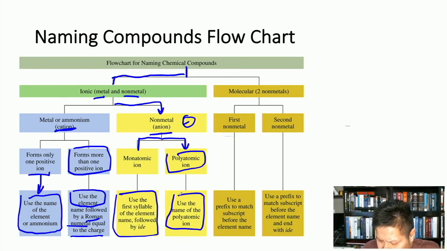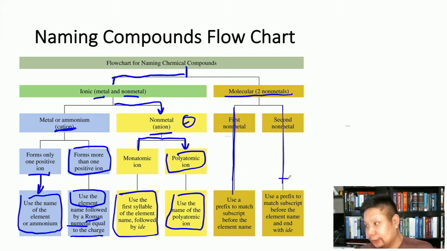And then for the molecular compounds, it's always two nonmetals. The first nonmetal, you just use its name with the Greek prefix that tells you how many there are. And the second nonmetal ends in "ide," but again with that one, you also use the Greek prefix to tell you how many there are.